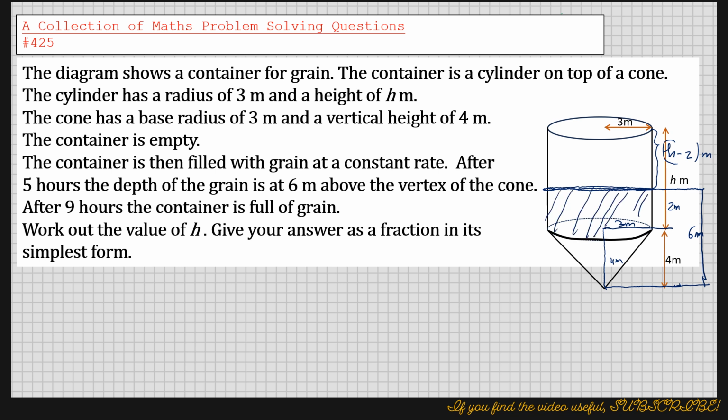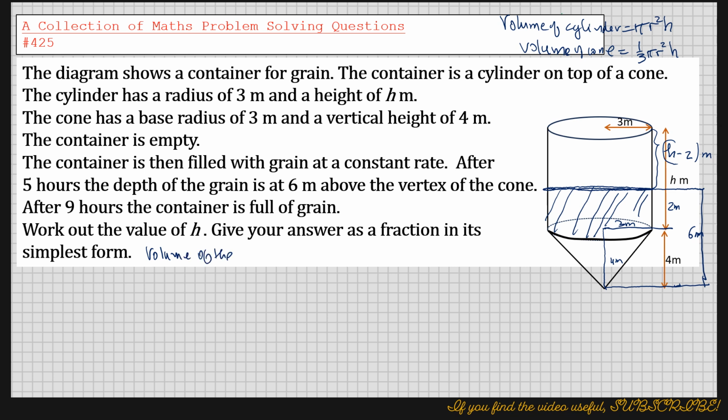The volume of a cylinder is pi r square h, and the volume of a cone is 1/3 pi r square h. So we put in the values and work out the volume of the grain after 5 hours.